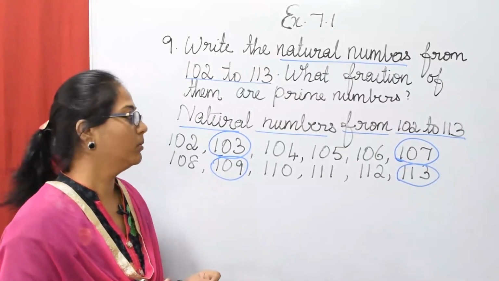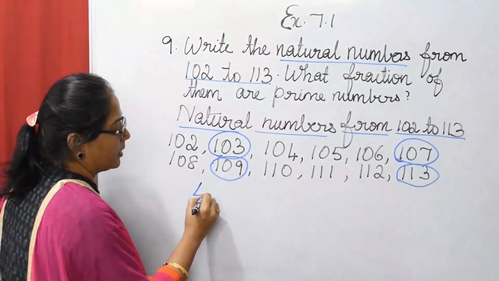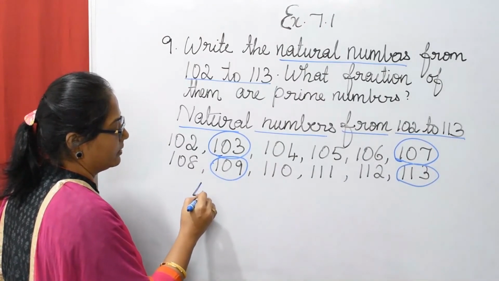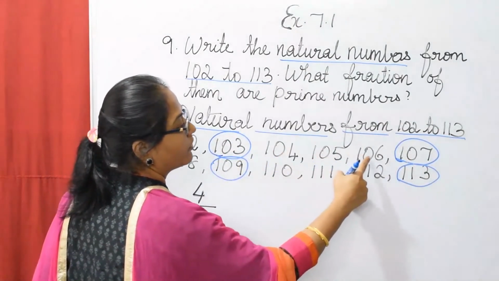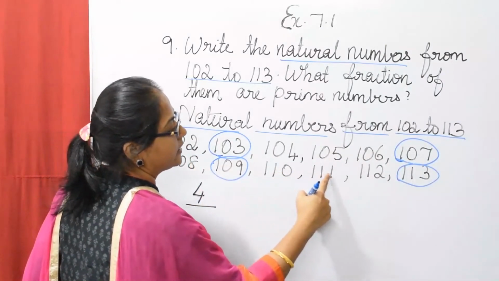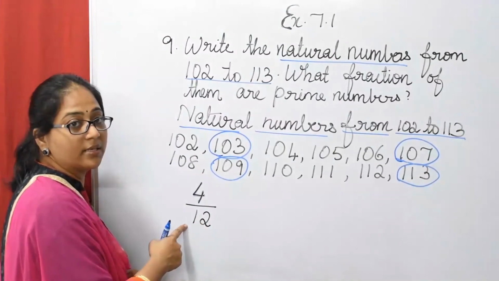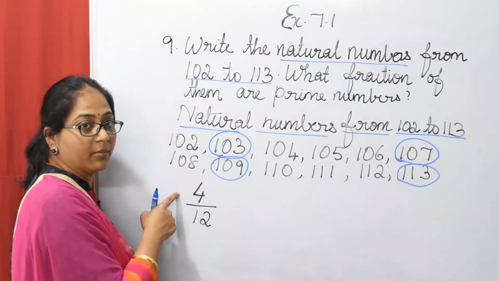So now 4 prime numbers. And how many natural numbers do we have here? 1, 2, 3, 4, 5, 6, 7, 8, 9, 10, 11, 12. So out of 12 natural numbers, we have 4 prime numbers here.